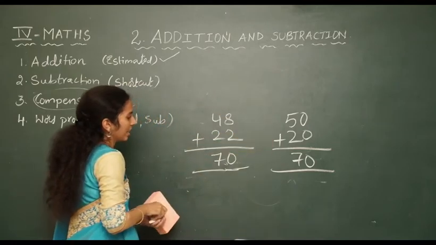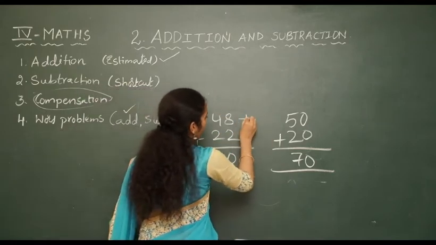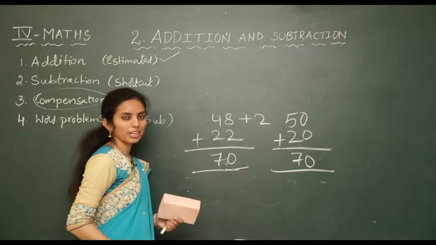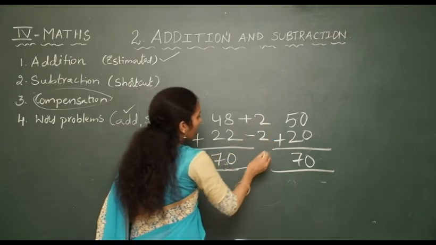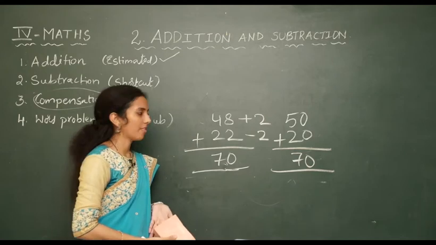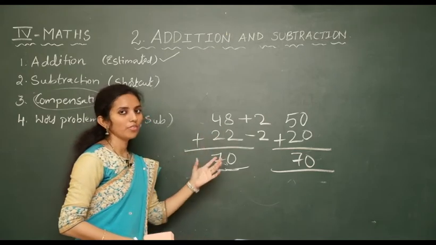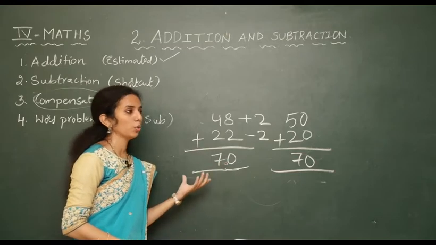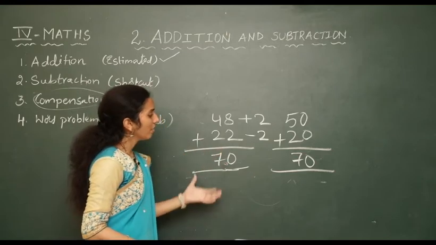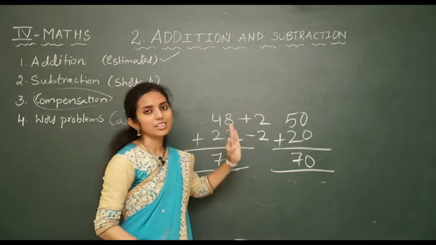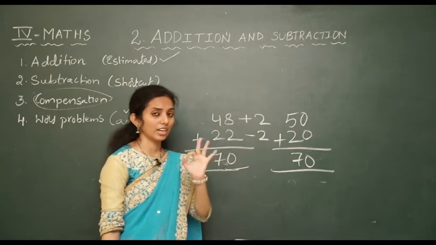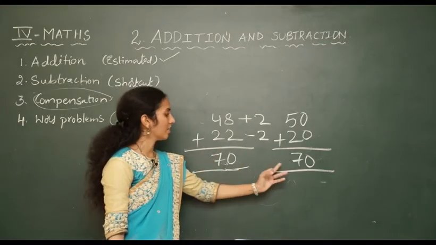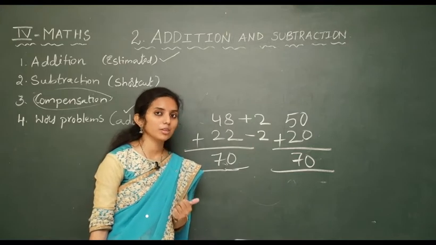The number 48 is increased by 2 and the number 22 is decreased by 2. That is, to 48 we have added 2 and from 22 we have deducted 2, that is, we have taken out 2 from 22. So even though we have added and subtracted a certain amount, the result we get is the same. How is it possible?